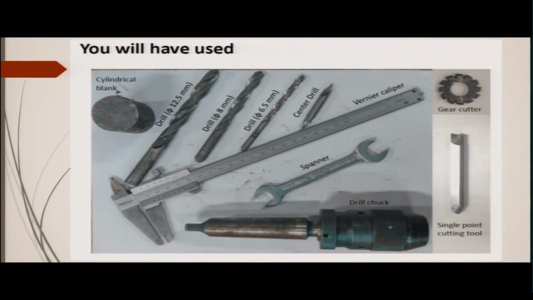So, for the cylindrical shank, here is a drill chuck, which is collet type. Okay, you can see collet type drill chucks in the lab when we show you. I will give you an example of a mechanical pencil. You have seen that a mechanical pencil has a collet chuck.